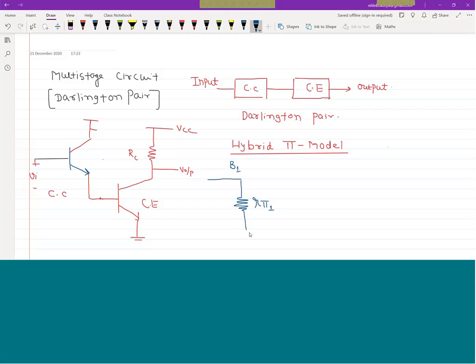Then we are having one emitter terminal. Then we are having one collector terminal, which is GM1 into VBE1.